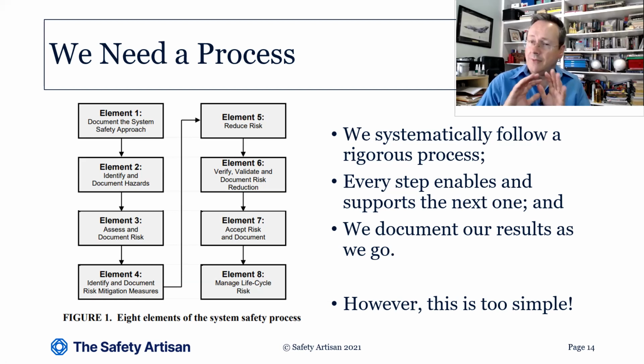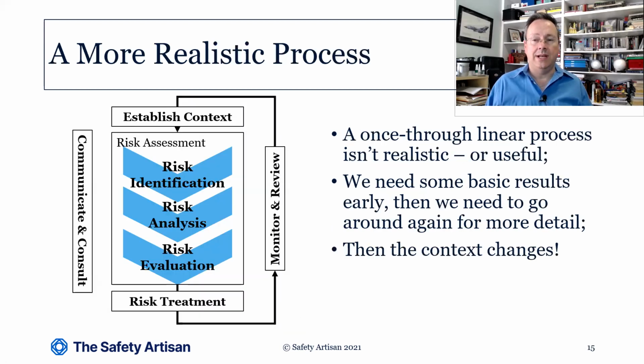However, even this is a little bit too simple. Okay, so let's get a more realistic process. So what we've got here, we've got the same things we had before. We've got to establish the context at the beginning.